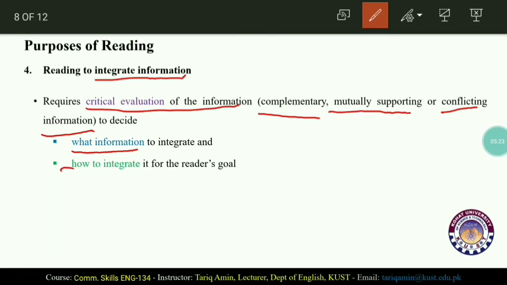You make these decisions after the critical evaluation of the information.